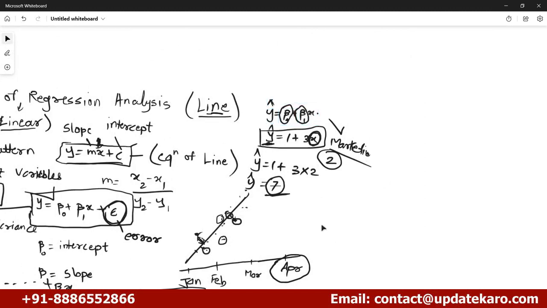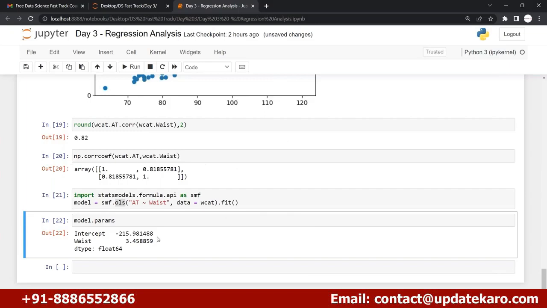Here we just estimated the values of the intercept, which is beta naught, and beta 1, with the help of OLS. OLS is one of the methods, ordinary least squares, that we use to estimate the coefficients of the regression equation.